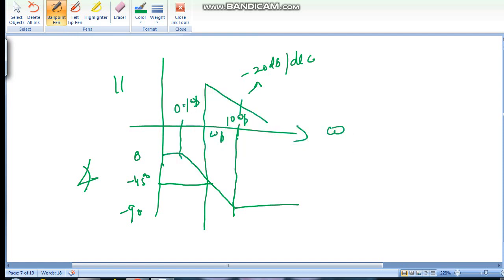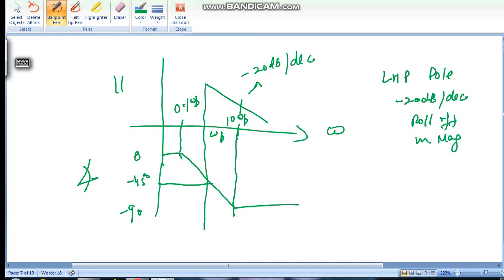So here, a left hand plane pole gives minus 20 dB per decade roll off in magnitude.